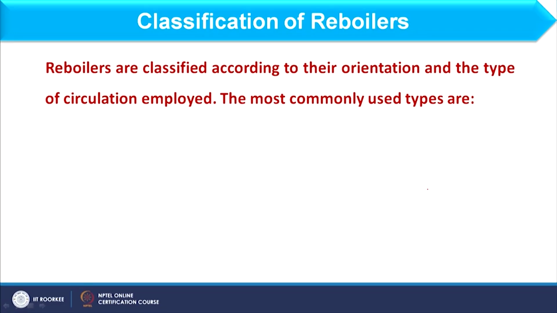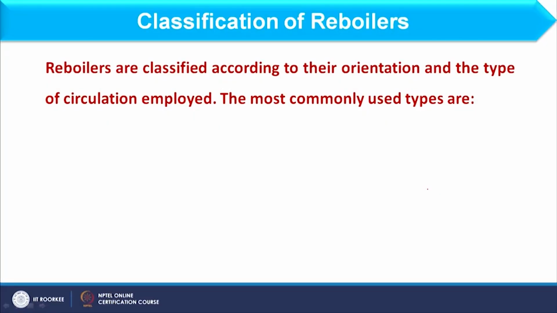And wherever the boiling will take place, accordingly we can have the reboiler, and along with that the type of circulation, because liquid should enter into the reboiler, vapor should be formed in the reboiler, and the vapor-liquid mixture should return back to the distillation column. So, there must be some circulation. Based on this circulation we have different reboilers.